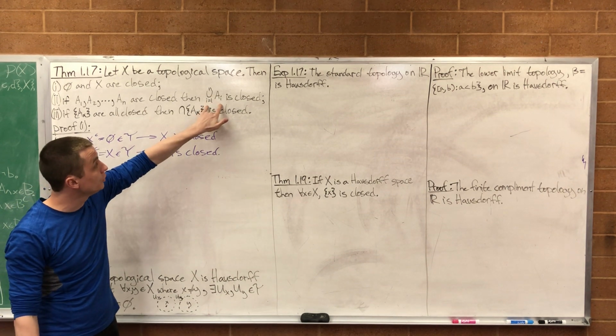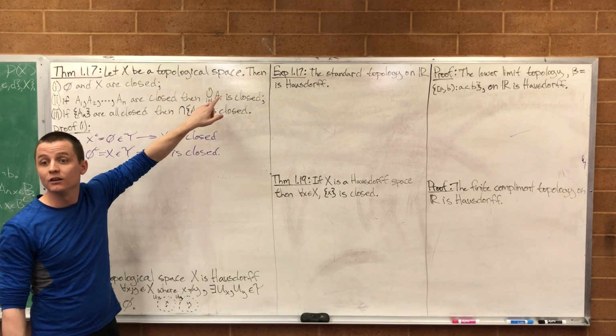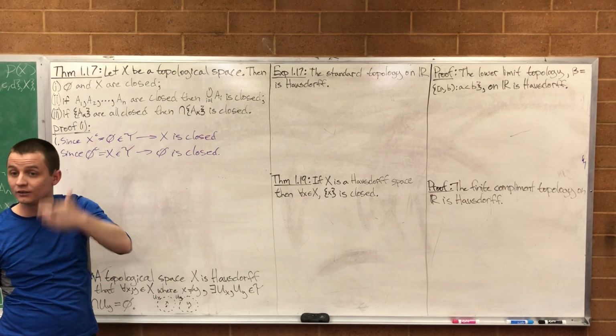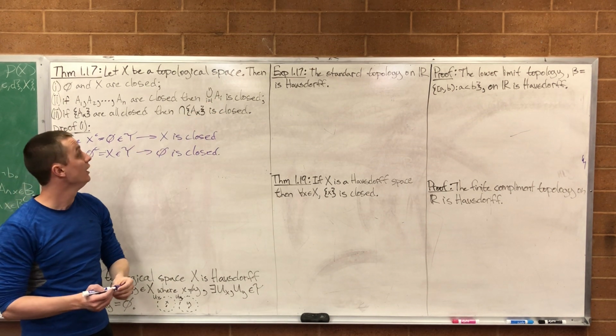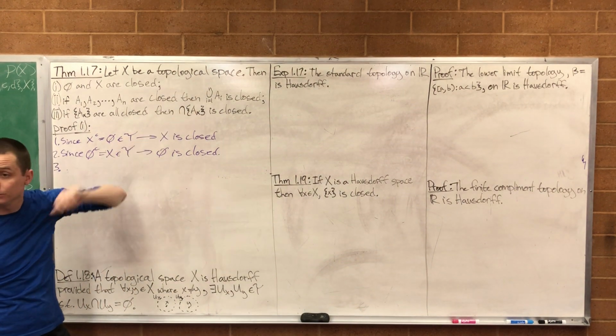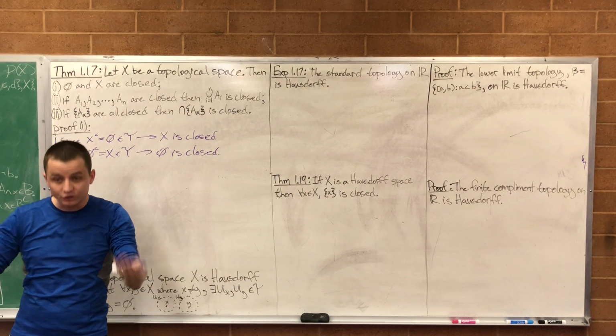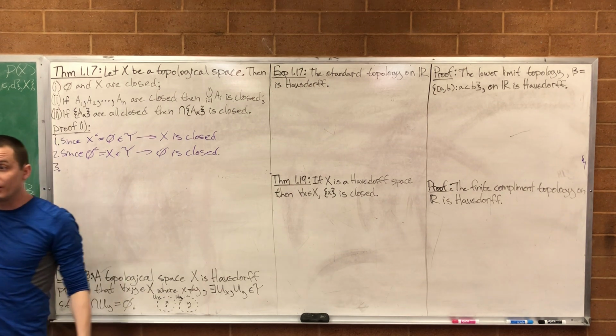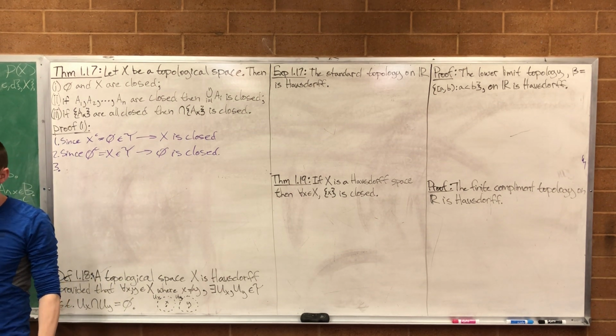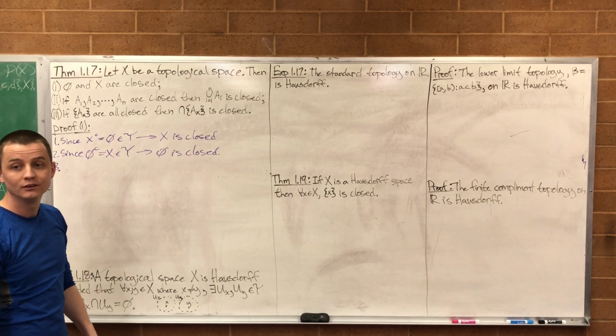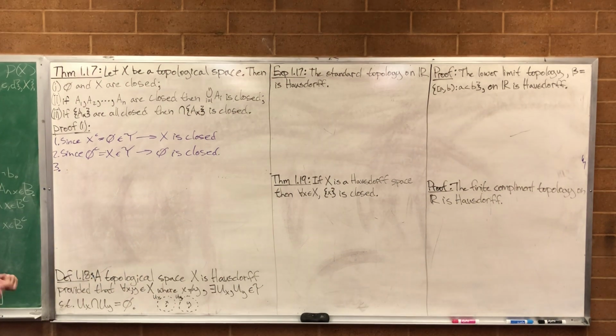How am I going to prove that their union is closed? Show that the complement is open. And so I'm going to be taking a complement of unions of sets, which is going to give me intersections of sets. And we know that intersections of finitely many open sets are open. We'll see it one step at a time. No reason to point it all out at once.